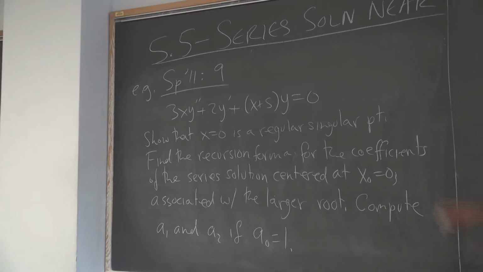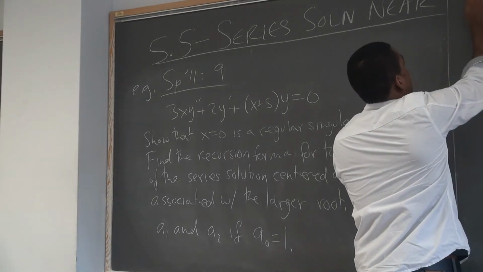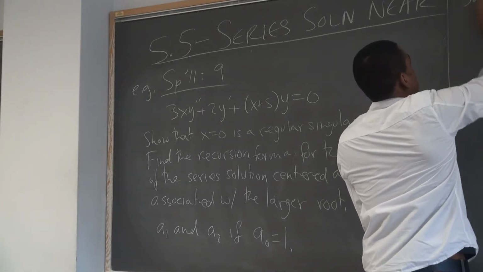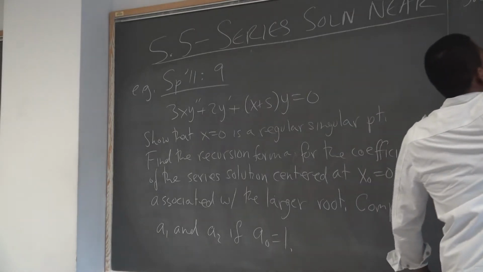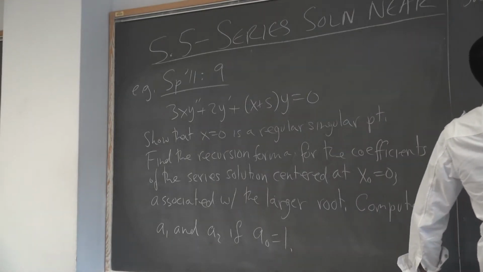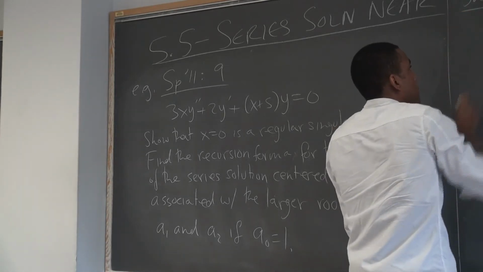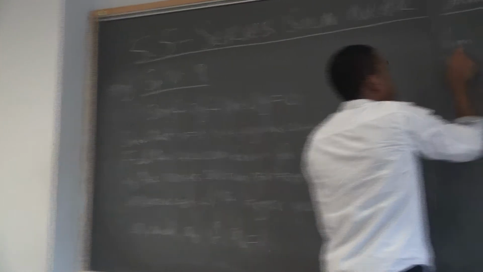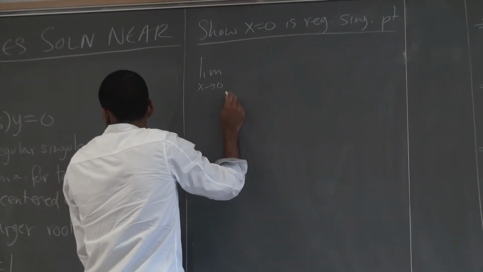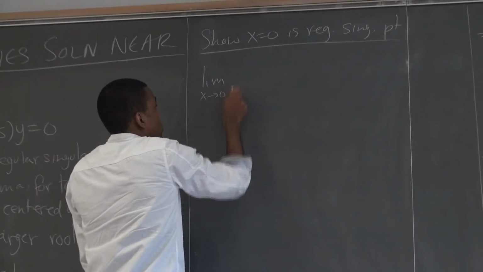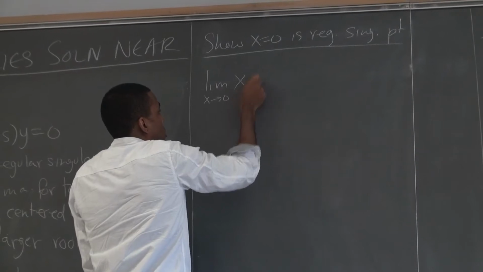Okay, how do you begin? Limit. Show x equals 0 is a regular singular point. Okay, how do we do that? Limit as x approaches 0 of what? X times 2 over 3x.